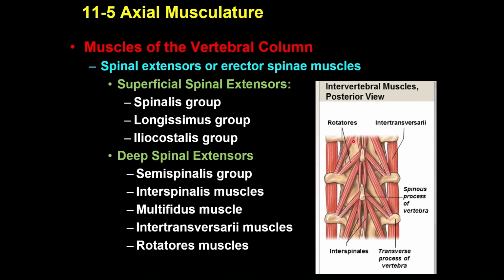This is called rotators, connecting the spinous process to the transverse process of a vertebra, and that causes rotation of the vertebrae. And this muscle is called intertransversarii, connecting the two transverse processes of the vertebrae.